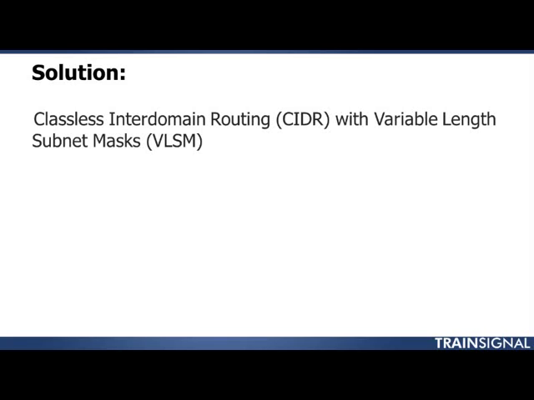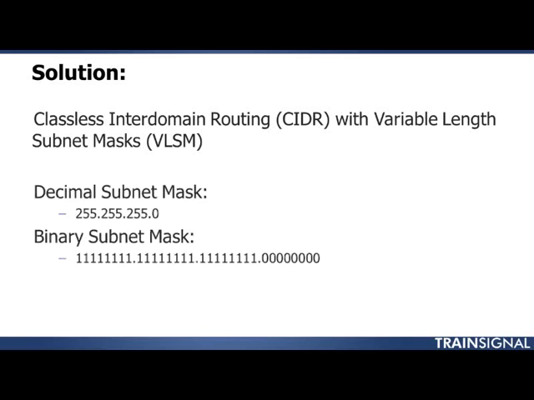With the use of variable length subnet masks, VLSM, we can resolve this whole issue of a company with 2,000 addresses needing to be assigned either 8 different 254-address networks or a 65,000-address network.